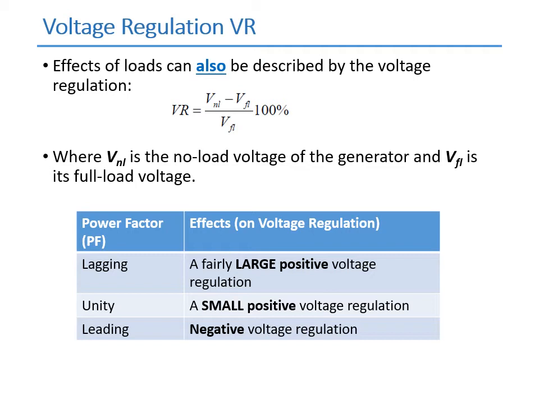And then if the power factor is unity, then you will get a small positive voltage regulation. And if the power factor is leading, then we will get a negative voltage regulation. For the leading one, you got negative, because now the no load voltage is actually smaller than the full load voltage.